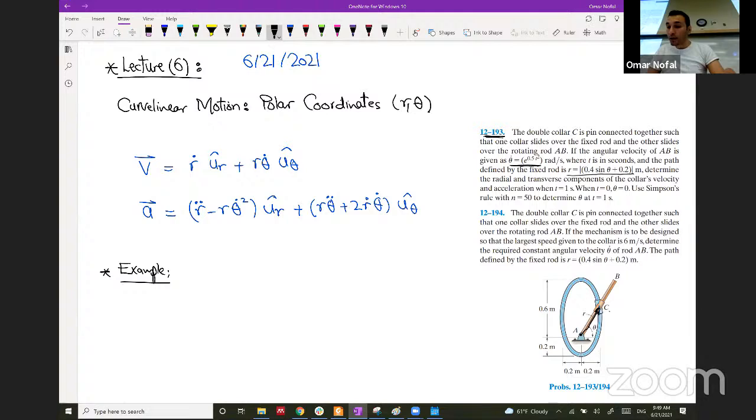It requires you to determine the radial and transverse components of the velocity and acceleration at t equal 1 second. So let's list what we have.